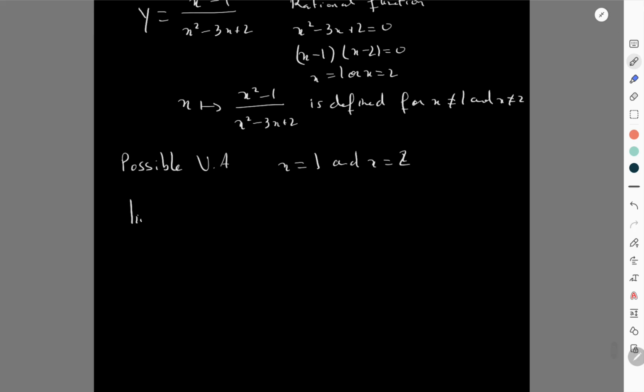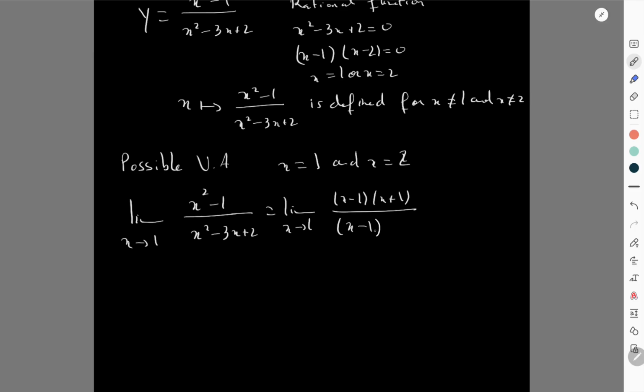Now let us evaluate the limit as x goes to 1 of this function. Here there is something we can immediately spot: a cancellation. The numerator is x minus 1 times x plus 1, and the denominator factors into x minus 1, x minus 2.